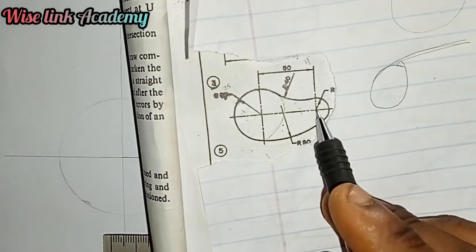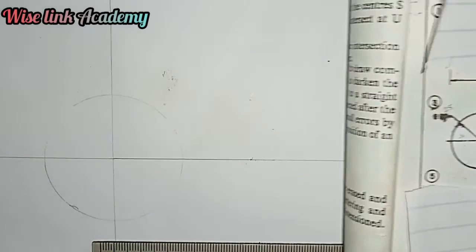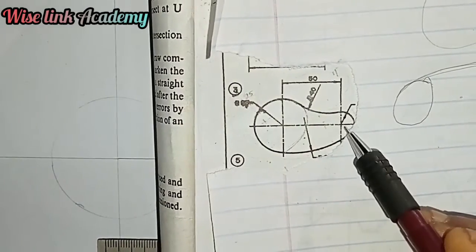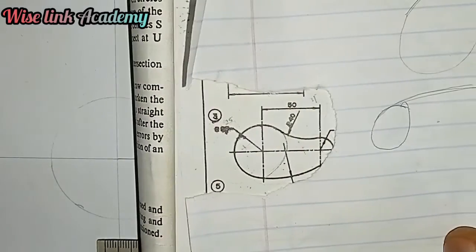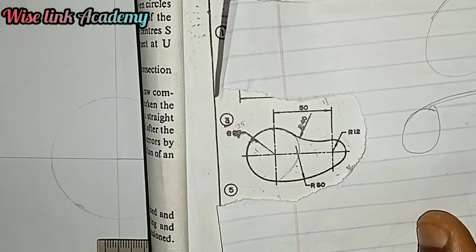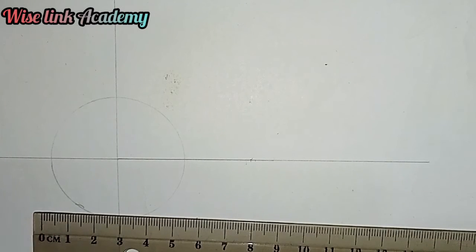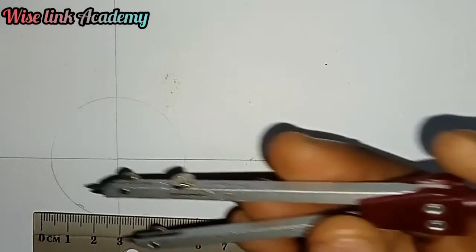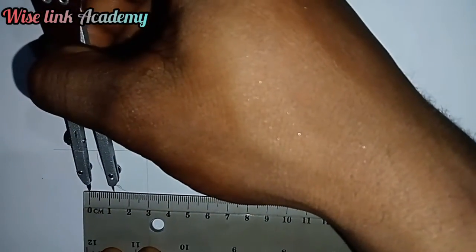Let's come back to this. This point you are seeing here is this point here. From there, we said this circle has a radius of 12. Let's measure 12.